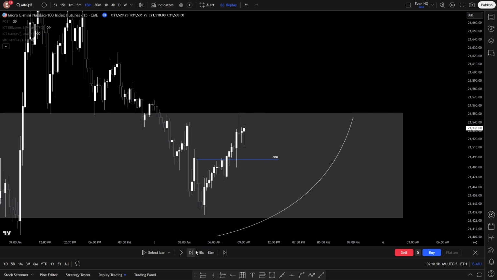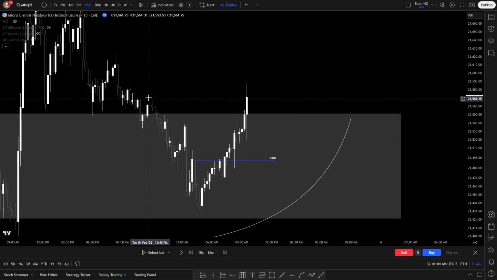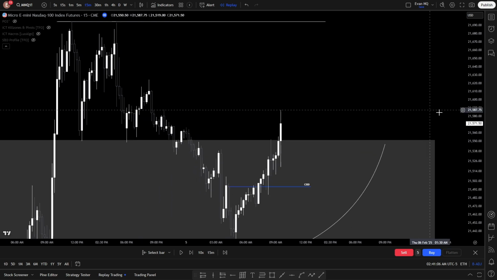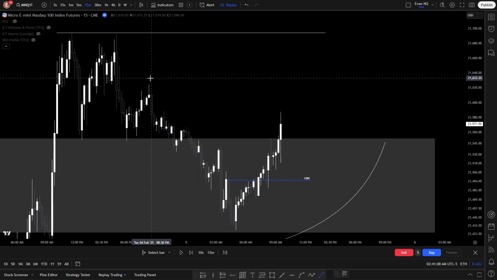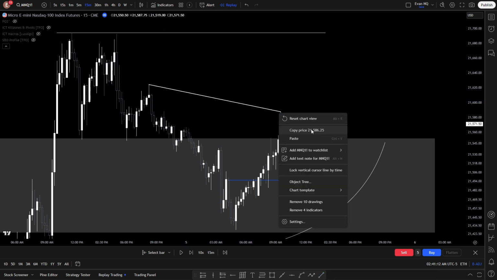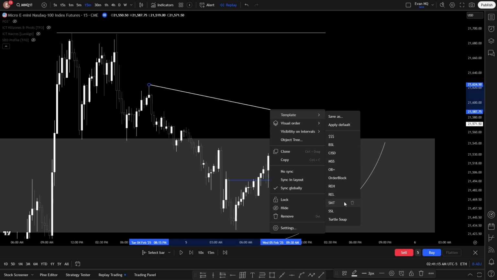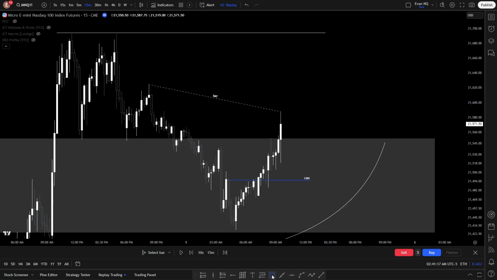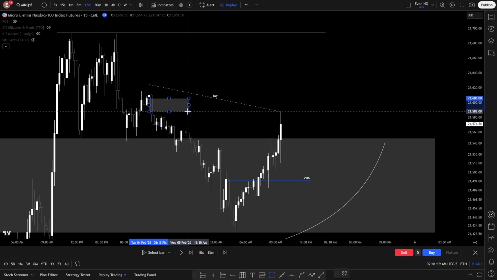Let's see, going closer to, yes. We had an SMT at Asia High, and right here. And then we also tapped into this 15-minute bearish rally gap.